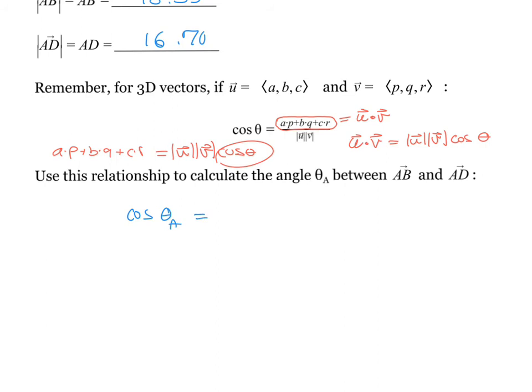And I'm just going to multiply like components. So 0 times negative 16 plus 18 times 0 plus negative 3.6 times 4.8, all over the magnitudes we came up with above.